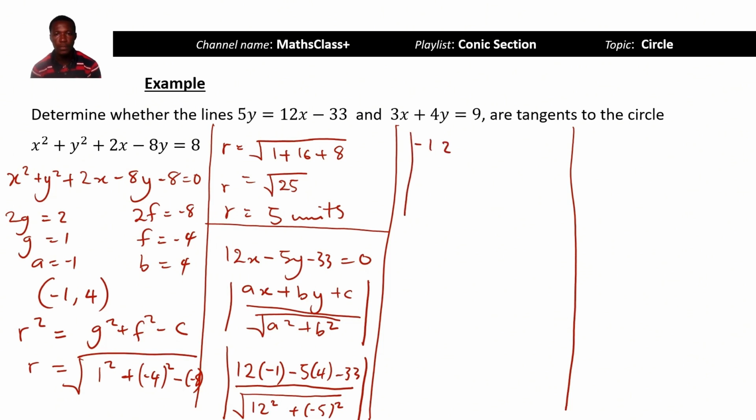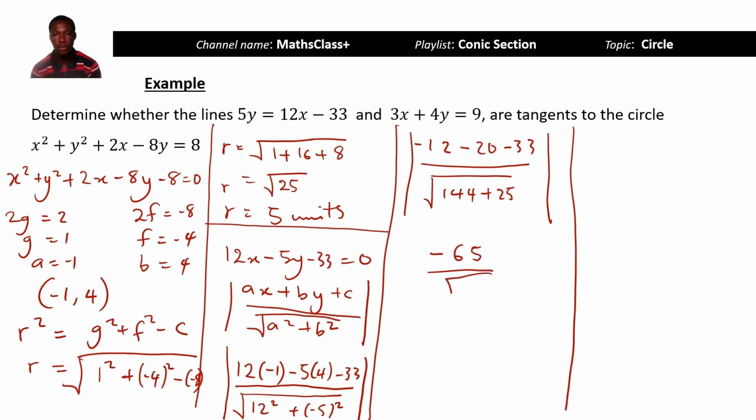So I'll get negative 12 minus 20 minus 33 divided by root of 144 plus 25. That I'll get negative 65 over the square root of 169 in absolute value, and that will give me 65 over 13.